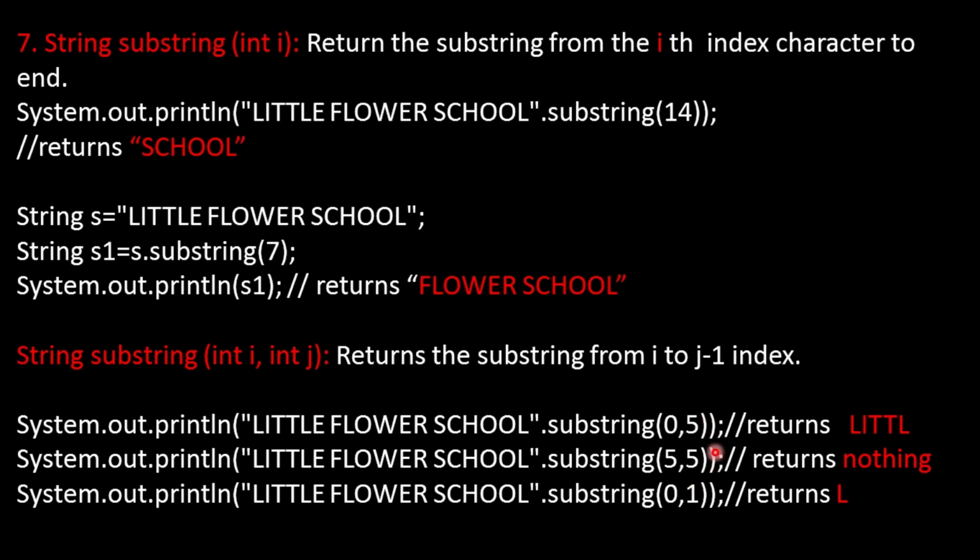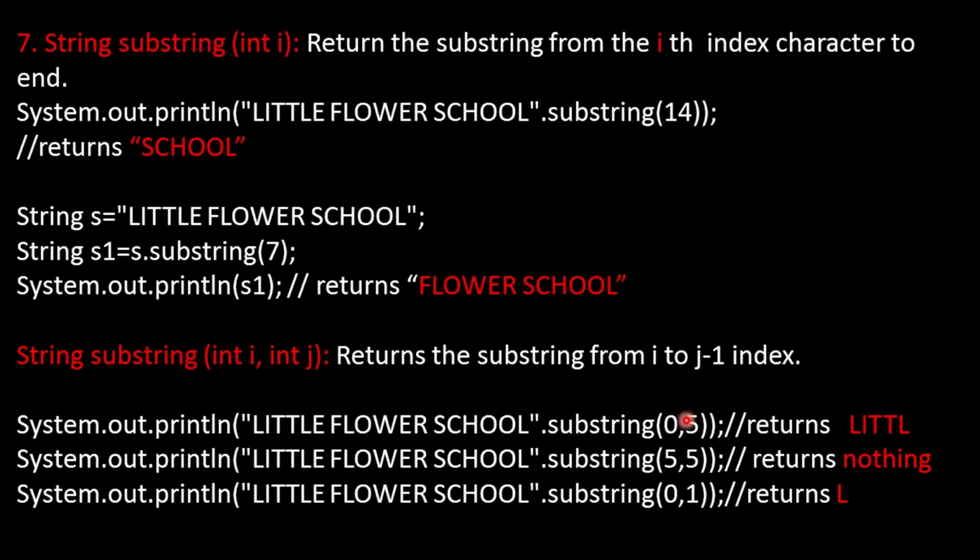Now what is happening over here? See, we need to count. 0, 5. 0 means 0 is this. 0, 1, 2, 3, 4, 5. So it returns a substring from the starting position.